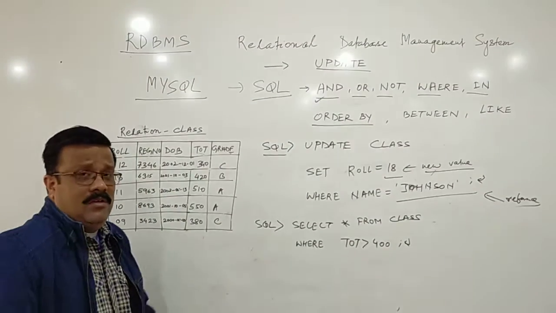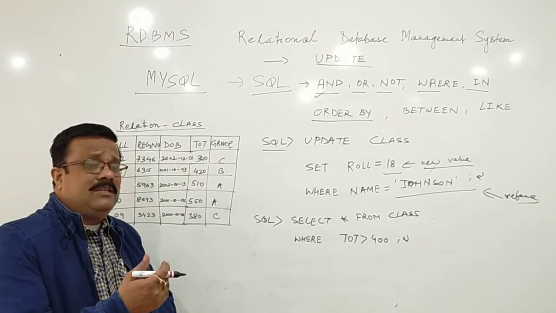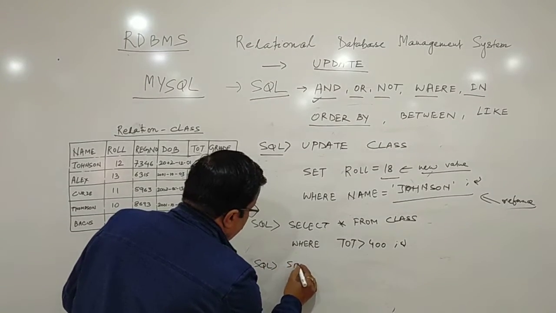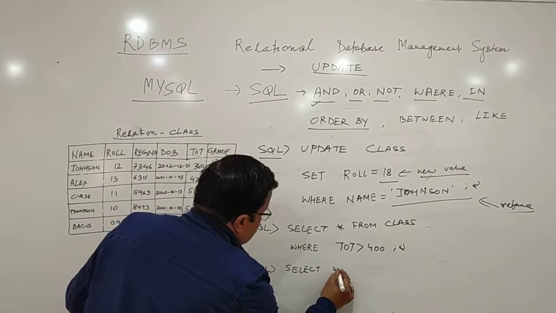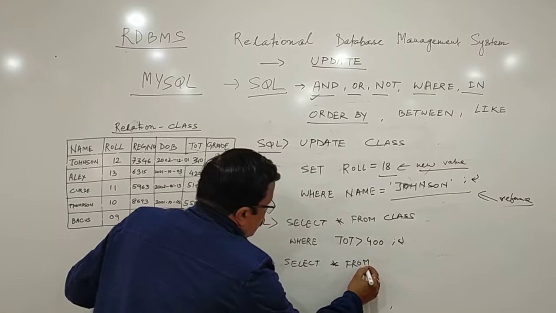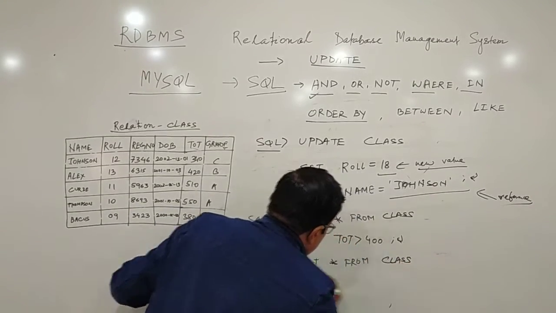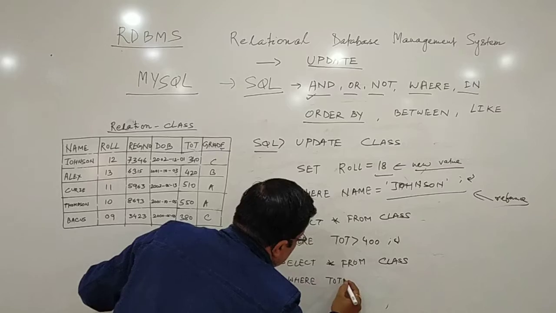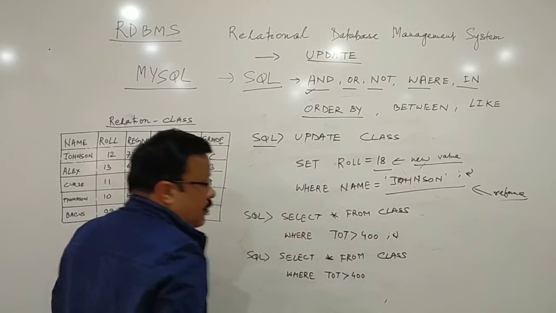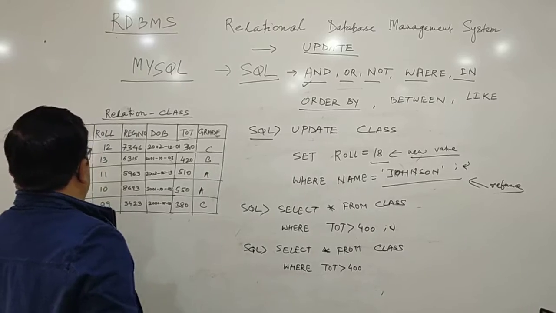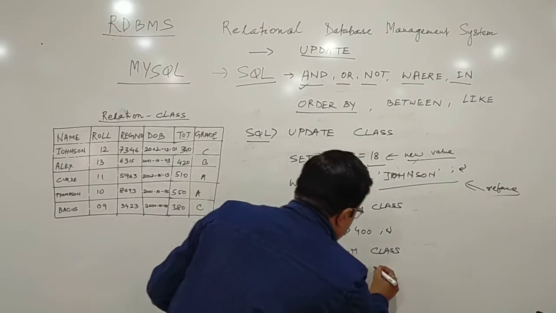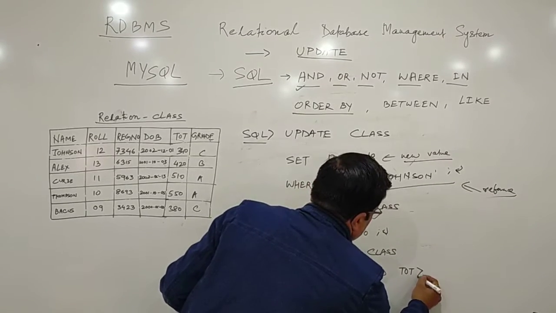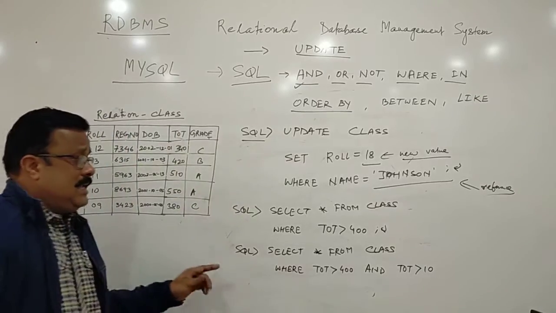But if I want to give more conditions together, two conditions together, then we'll use AND. So you can write here: select asterisk from class where total is greater than 400 and roll number greater than 10. So here I am using AND.